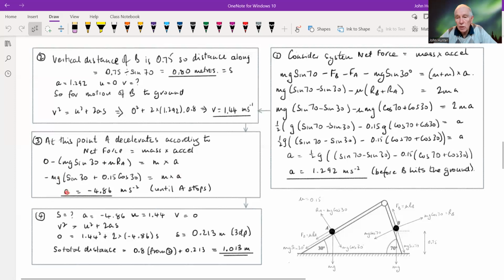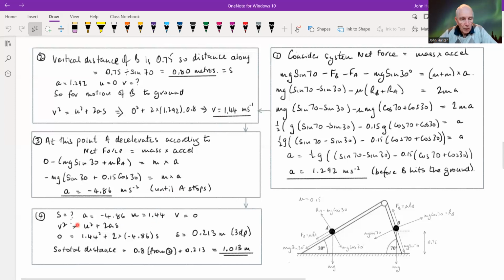So the acceleration of that second stage, call it a2, is going to be minus 4.86 meters per second squared. Right, and it continues. So obviously that's the deceleration, and that deceleration is going to erode all this velocity until it stops.